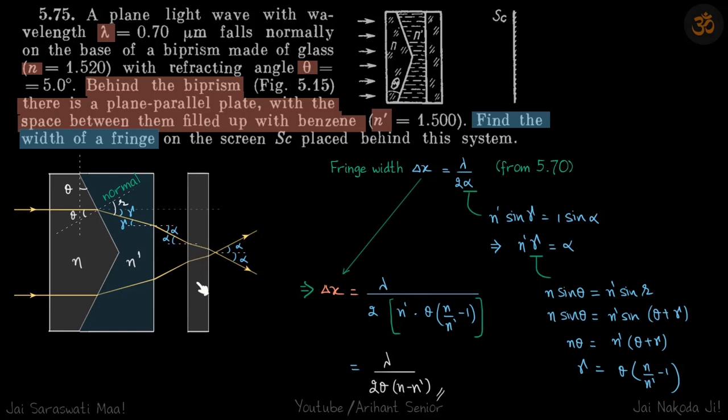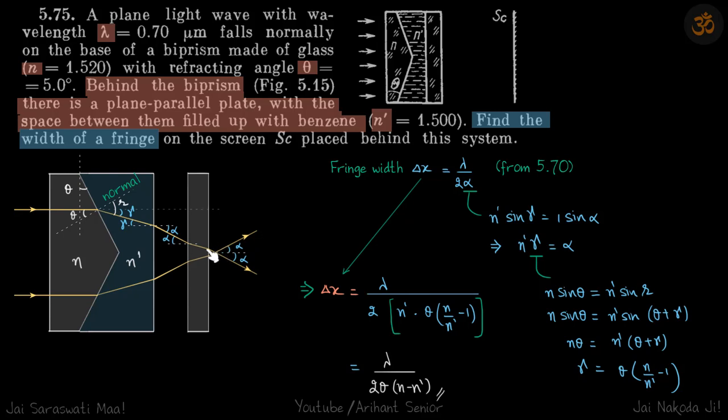That is why we have separated this slab, so we don't have to worry about it. In this case we would have to worry about what will be the angle here, and then again we would have to calculate the angle when the light leaves this slab. But when we separate the slab, we don't need to worry about the angle anymore.